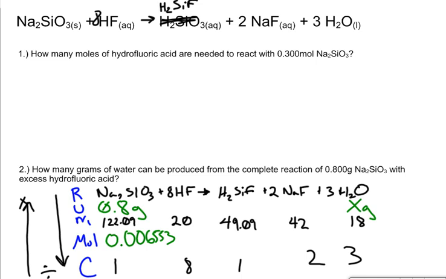Divide by 1 so we can get down here to the sweet spot, which I'm going to run out of space for at the bottom of your screen, but I'll put it in green down here. Divided by 1 is 0.006553.